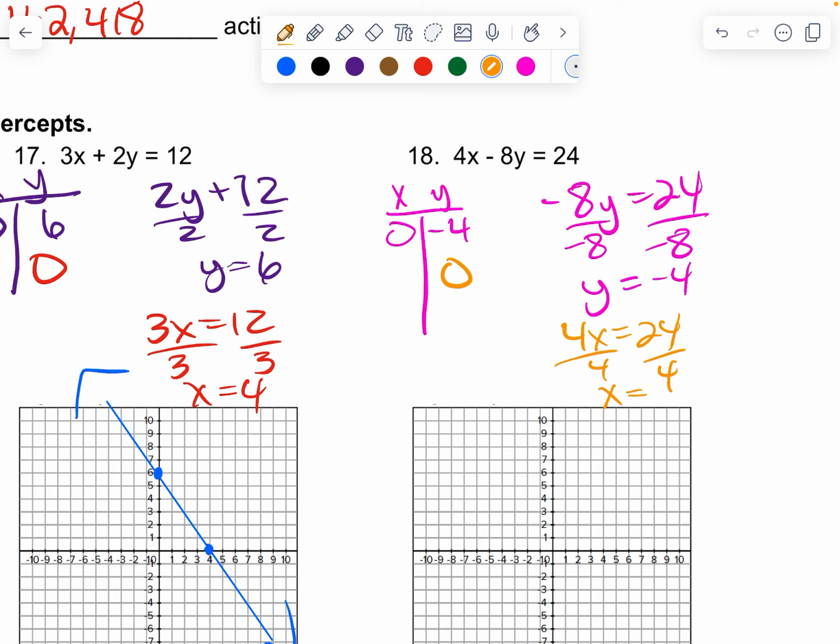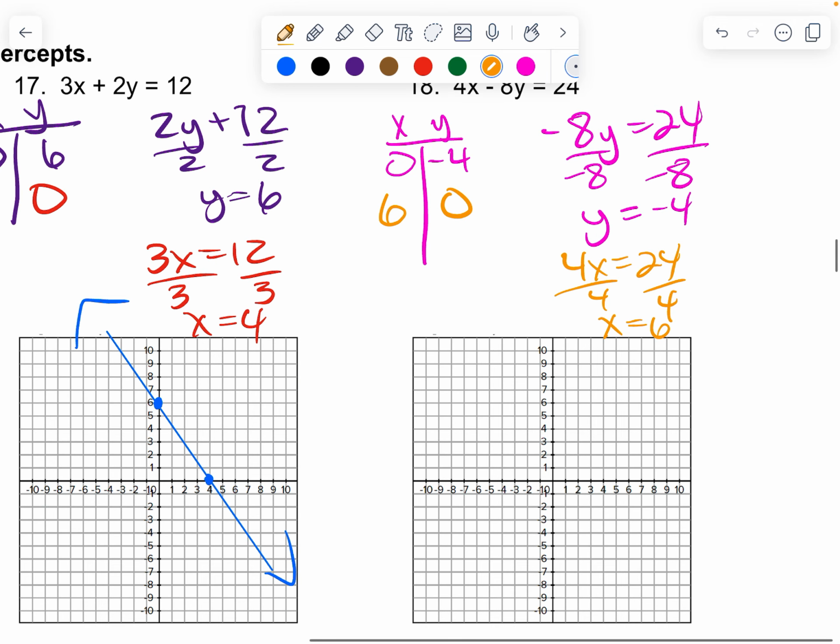X equals 6. So 0, negative 4, and 6, 0. No, not quite. No, it's better. It's not perfect, but it's better.